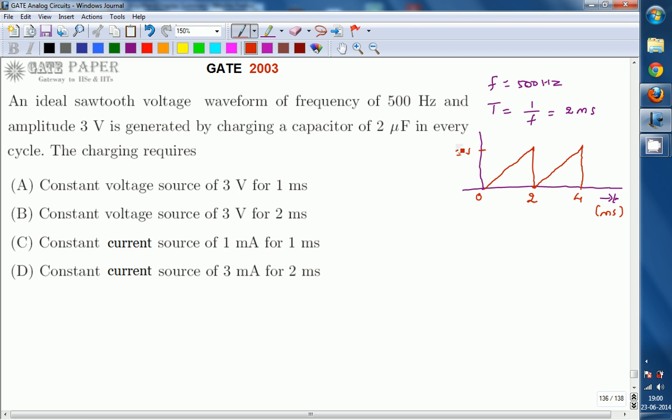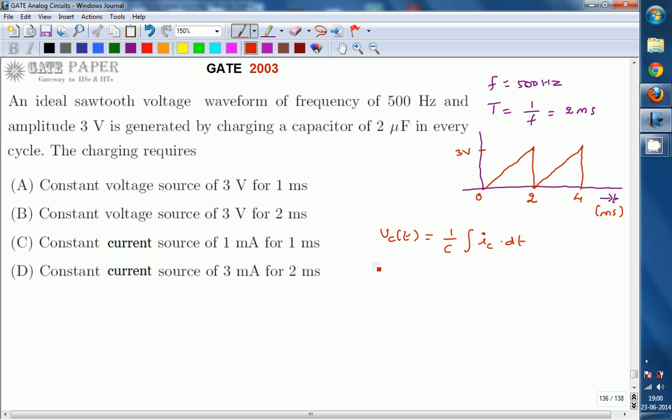Whose capacitance value is 2 microfarad. And we know the relation between voltage and current of a capacitor. So Vc of t, the voltage across the capacitor, is equal to 1 by C times the integral of the current flowing through the capacitor into dt.